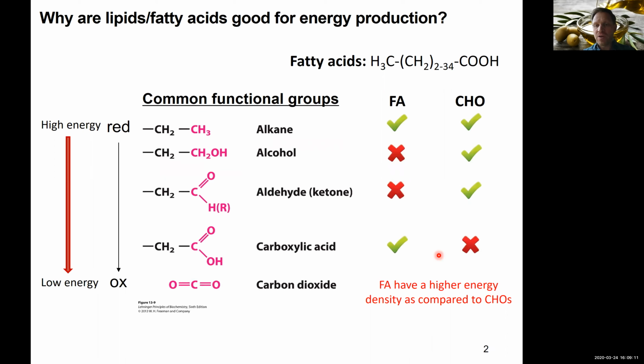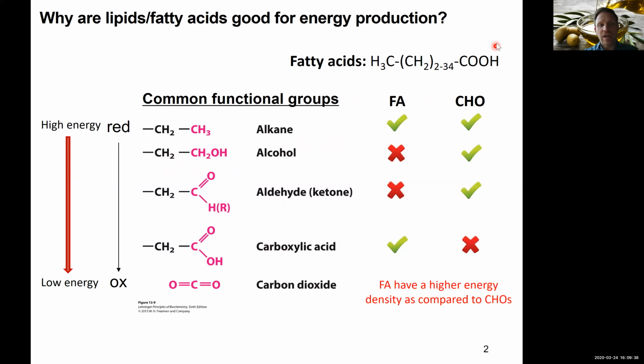To start with, I want to remind us of the brief discussion I showed in one of the previous videos on the breakdown of fatty acids, comparing the energy density of carbohydrates and fatty acids. As we had concluded, because fatty acids are very rich in these alkane groups, as you can see up here in the structure of a fatty acid, we have these long hydrocarbon chains.